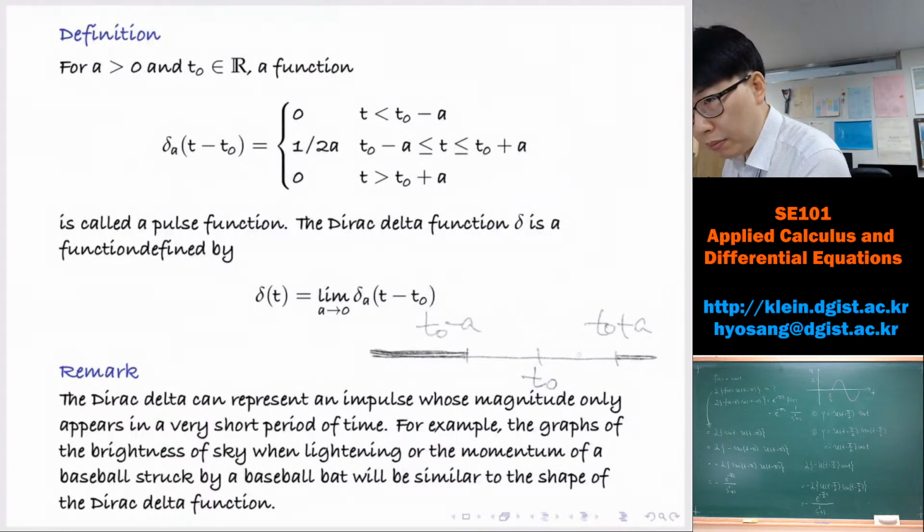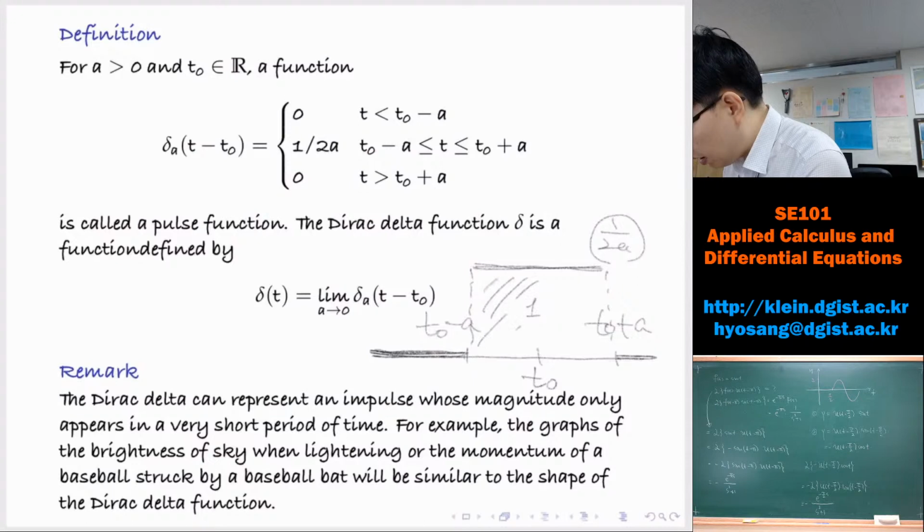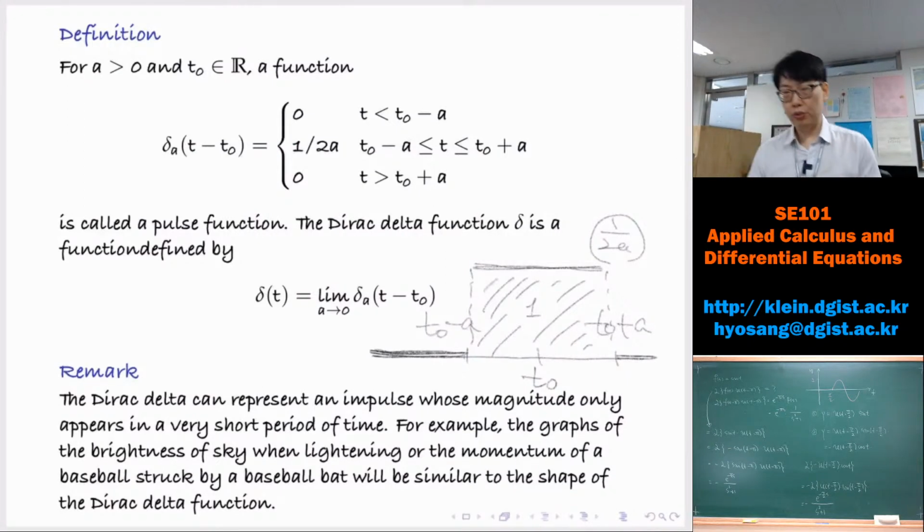And in the middle, I'm going to take the value of the function to be 1 over 2a. The reason why I take the value of the function on this interval as 1 over 2a is that I want to make the area under this graph equal to 1. So whichever value I choose for a, the integration always equals 1.